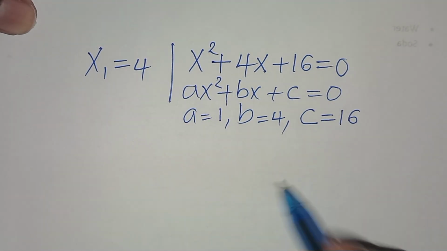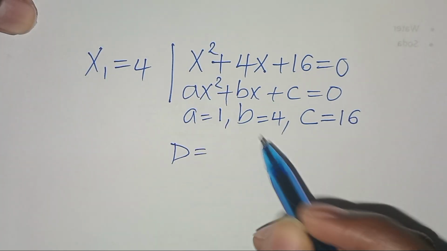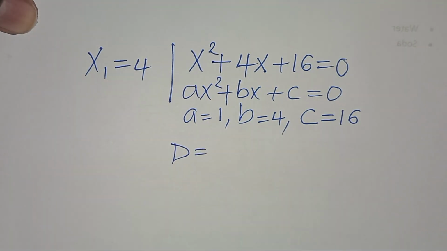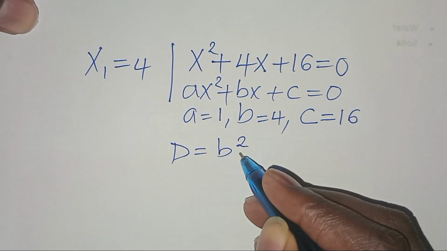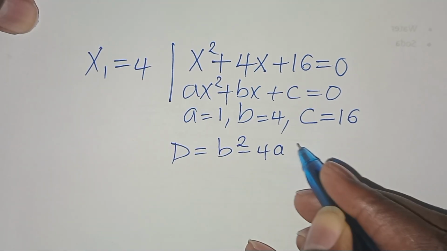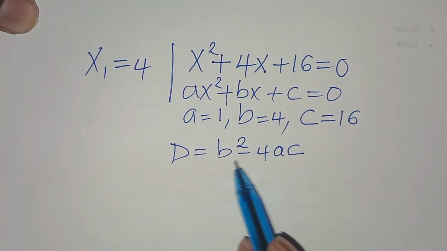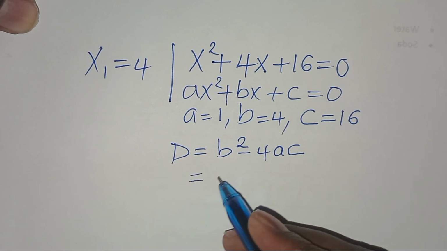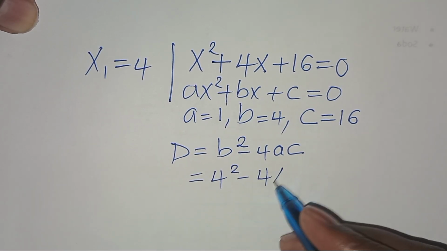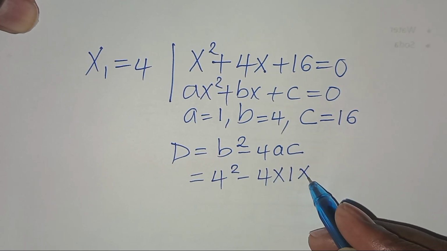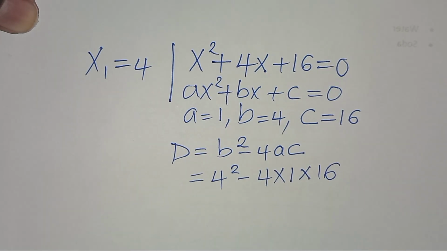So now let's assess the nature of the roots of this quadratic equation by determining the discriminant value, which is b squared minus 4ac. So let's substitute the values of a, b, and c. So here we'll have 4 squared subtract 4 times a, which is 1, times c, which is 16.